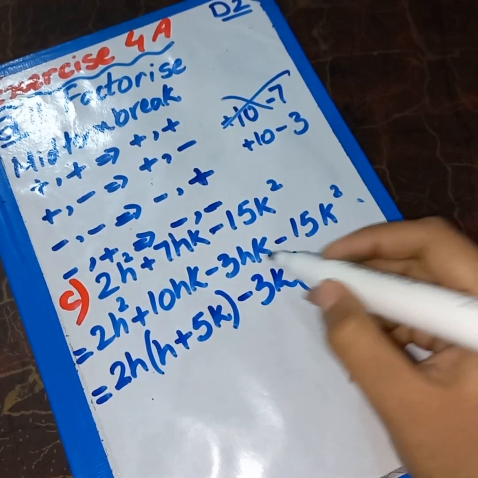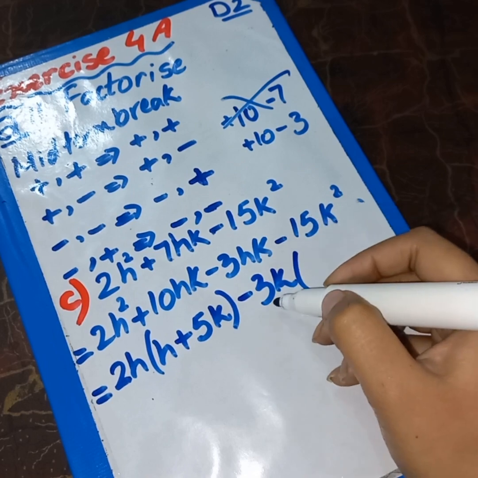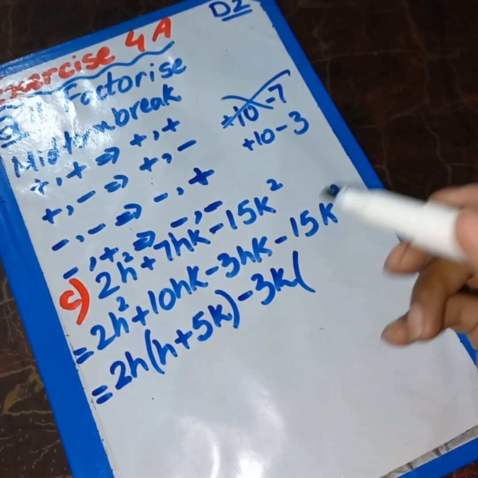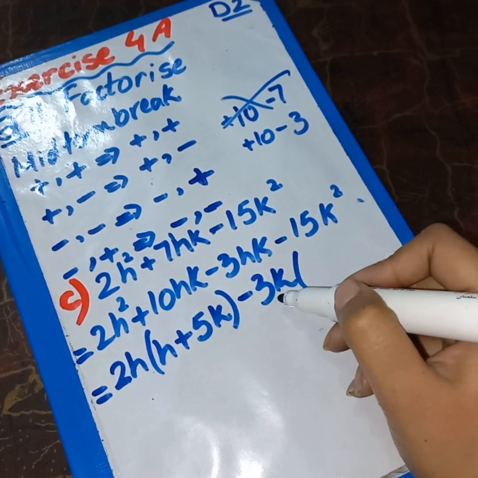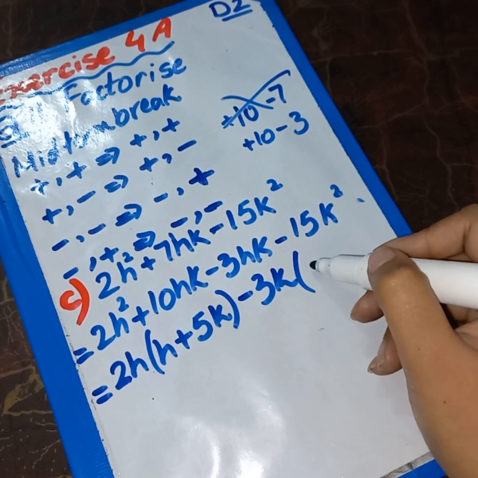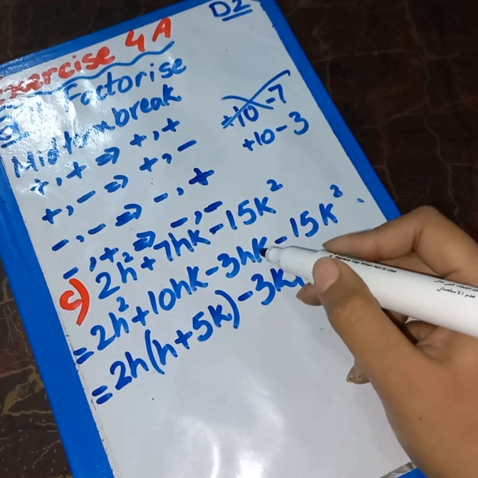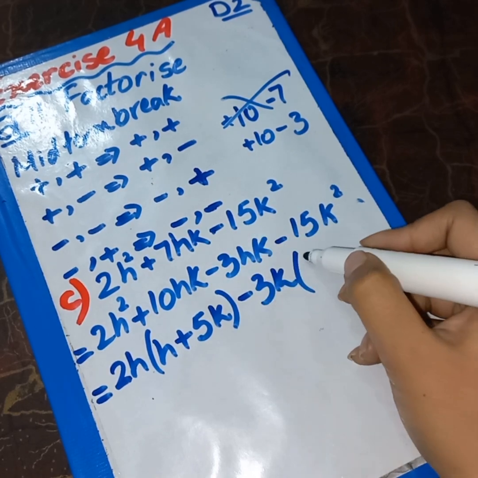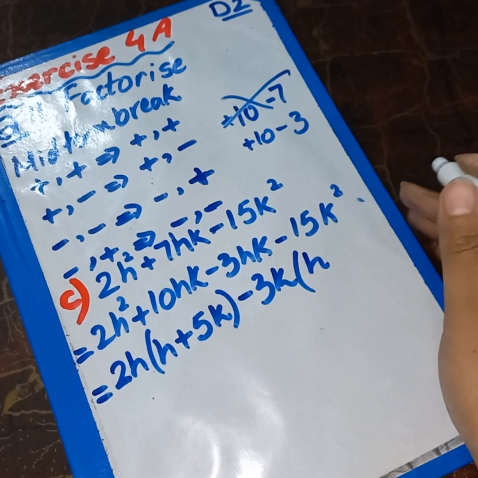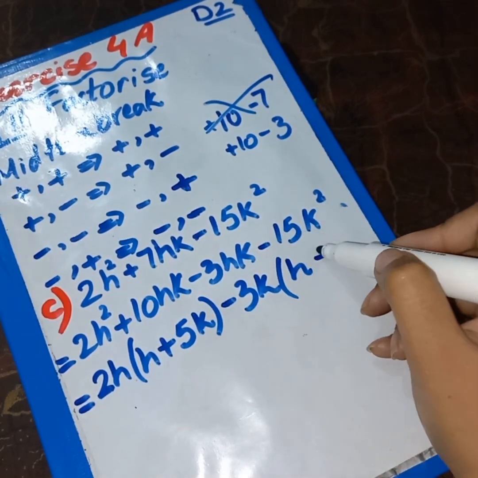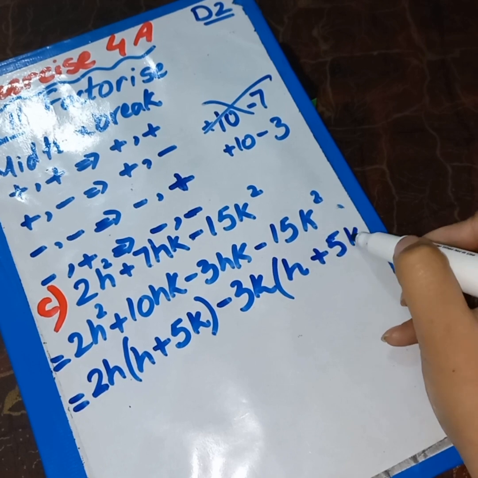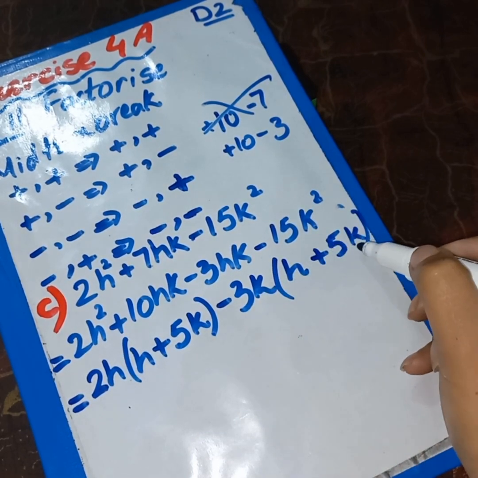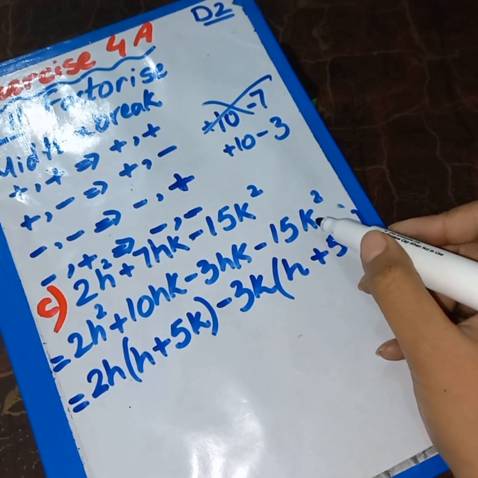Why? Because 3 and 15, the common factor of both is 3, and the one variable among these two is k. So as 3k is outside, I need to complete this 3k inside. For this I can write just h inside here. And minus minus plus, it will give me 5k, because 3k multiplied by 5k will give me 15k square.